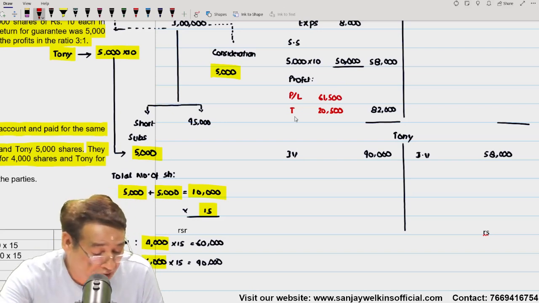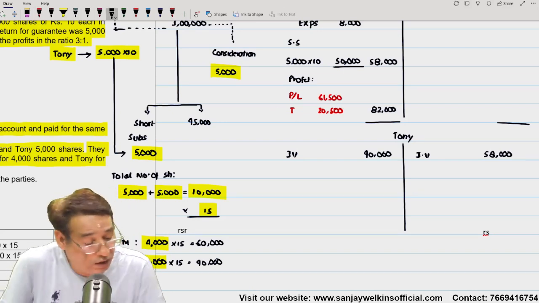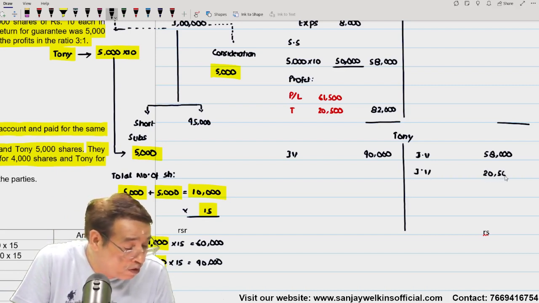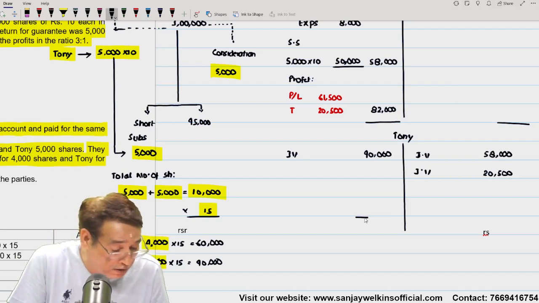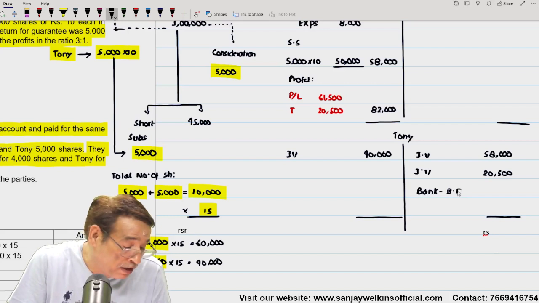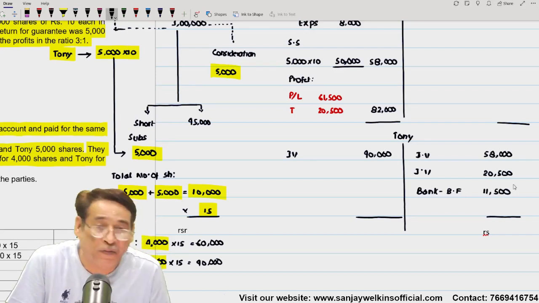Now here again I have written by T, so I will cross it to the Tony's account by joint venture, 20,500. Now I will tally Tony's account. So whatever balancing figure I will get, it will be presumed that Tony will pay us this much of amount finally, 11,500. This is the balancing figure.